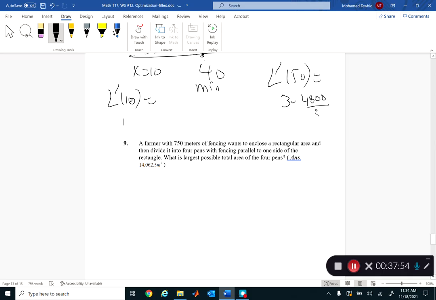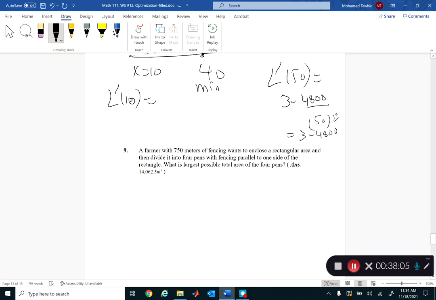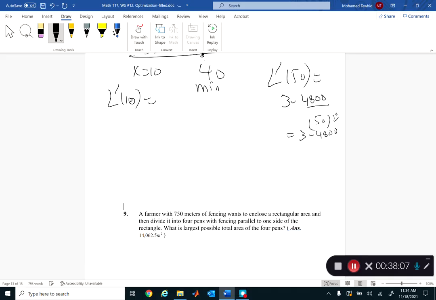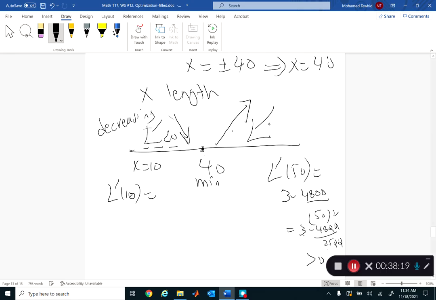X squared here will be 50 squared. If you can use technology here, it's very easy. 50 squared is 2500, so the 2 zeros cancel. This gives 48 over 25, and 3 minus that is something positive. So here L prime is greater than 0, positive, and there negative, so you have a minimum.